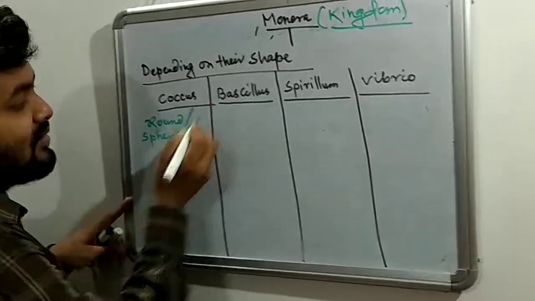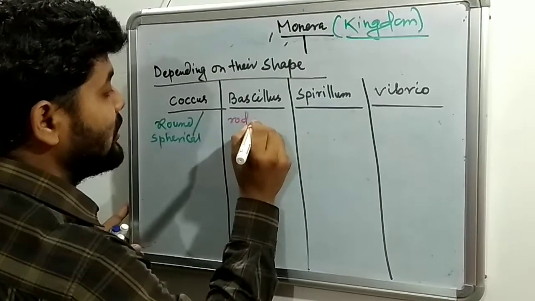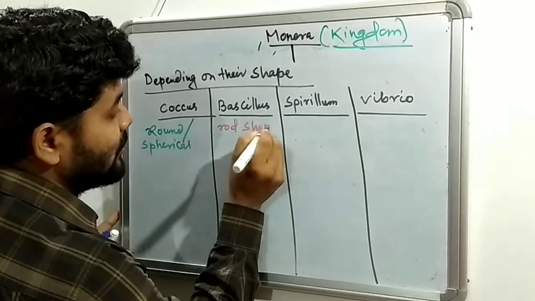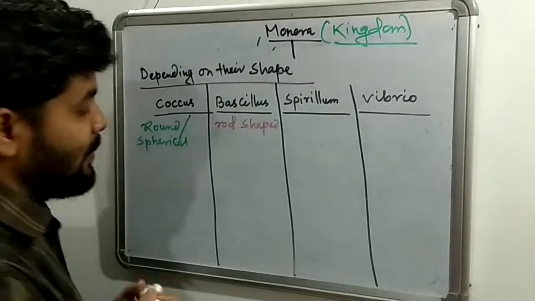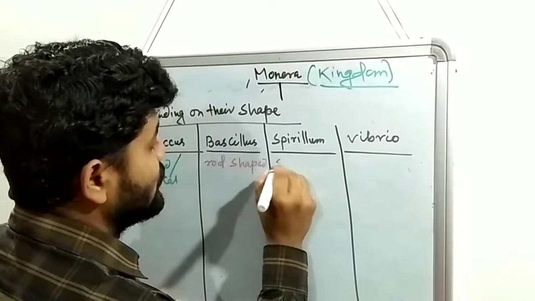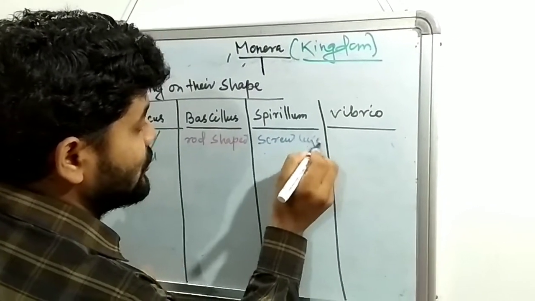Whereas bacillus have a rod shape, spirillum have a screw-like structure.